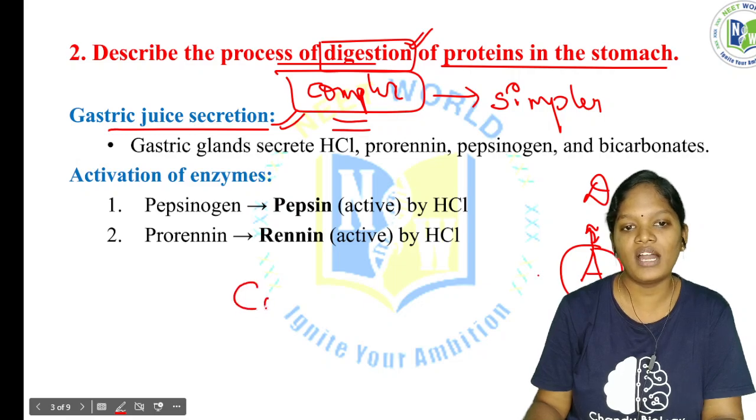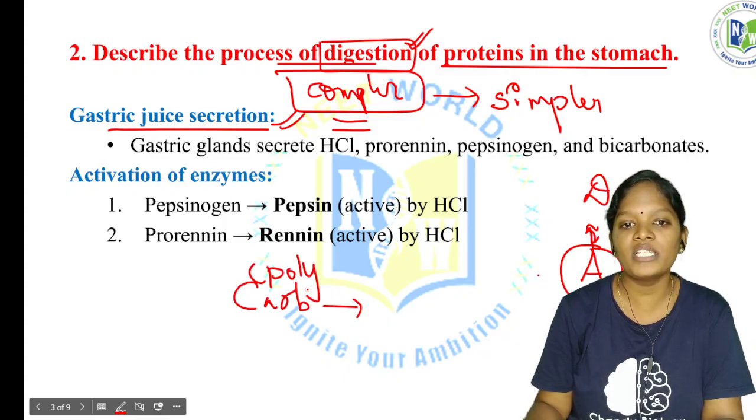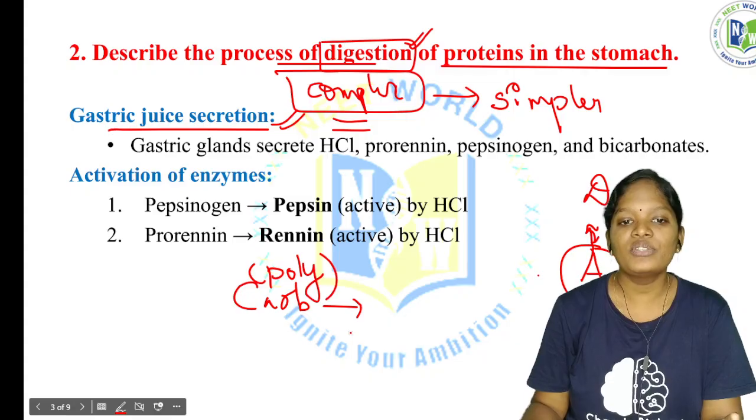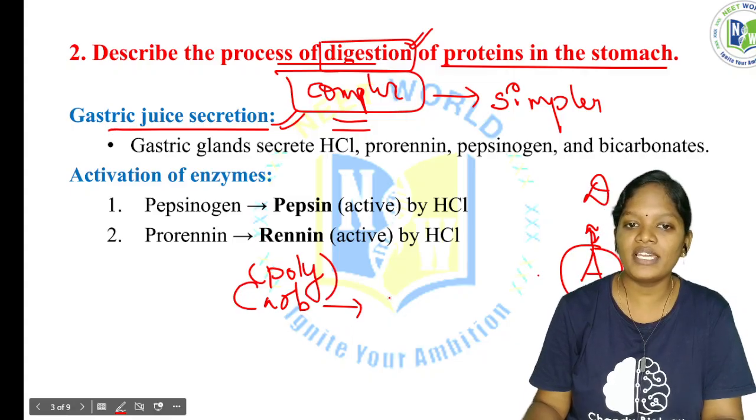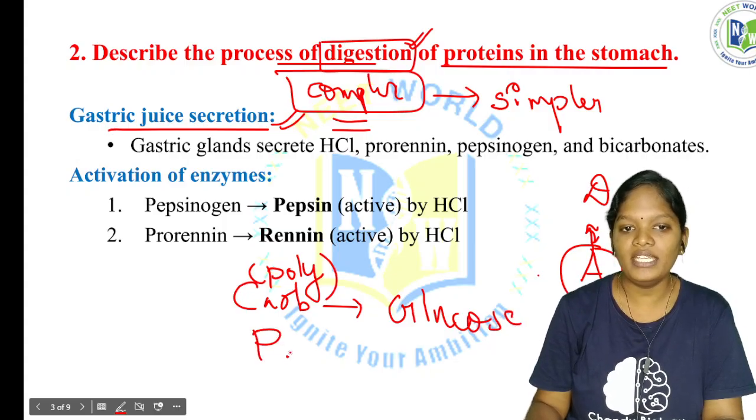If it is carbohydrates, this is a polysaccharide, a complex molecule. The carbohydrates, polysaccharides, will be converted into monosaccharides, that is glucose. If it is a protein, it will be converted into amino acids.